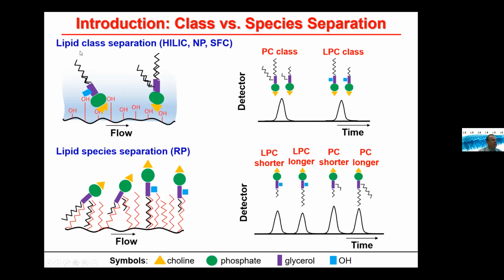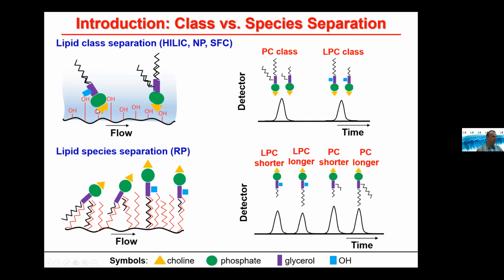If you look at lipid class separation, you have to realize what the primary interaction is, and this is with the polar part of the molecule. You see in the schematic that we have a choline and phosphate group, which means many hydroxyl groups. This interacts with the polar part of the stationary phase, which could be either hydroxyl groups on silica gel or water adsorbed on the surface of the silica.